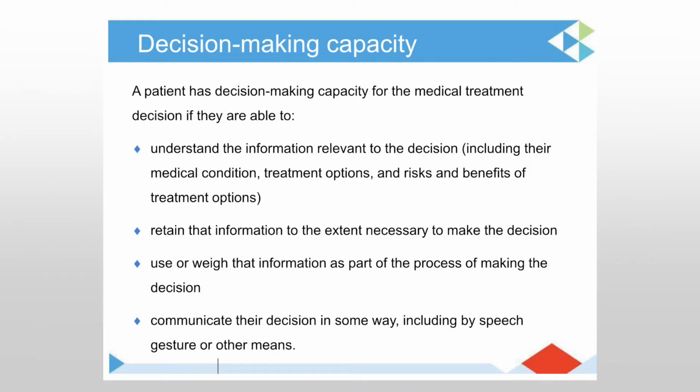So the patient can understand that information relevant to the decision, can retain that information to the extent that's necessary to make the decision, can use and weigh up the information, and can communicate their decision in some way.